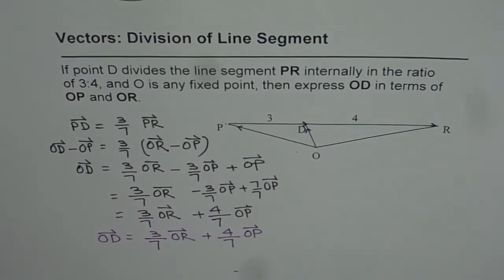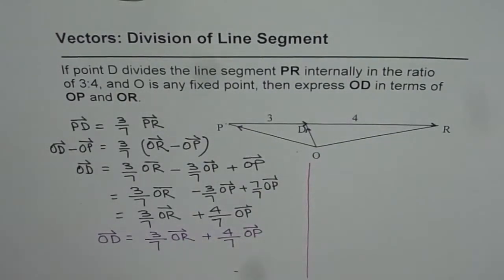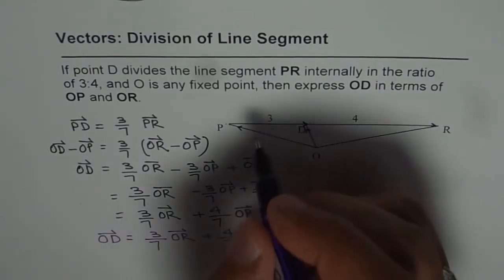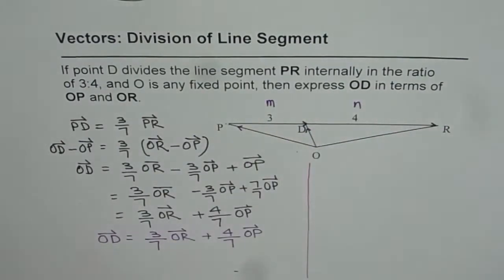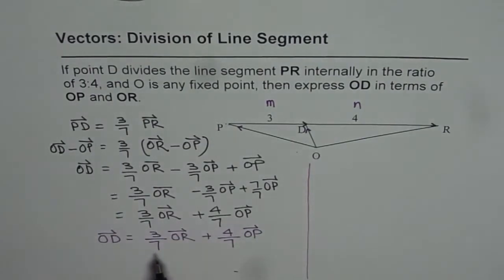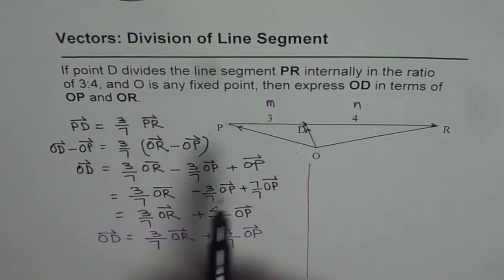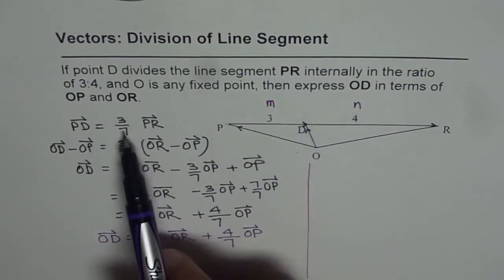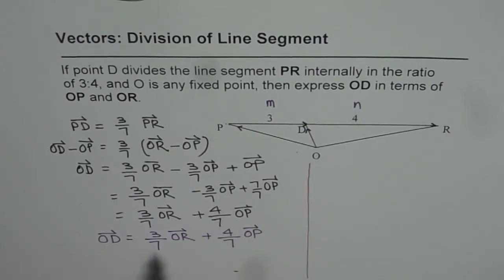Now let me generalize this formula here. We'll do it separately also. Let us say that the ratio in which it divides is actually m:n. Instead of 3 and 4, if we take m and n, and redo all these calculations, replacing 3 with m, 7 with m plus n, and 4 with n, what do you get?